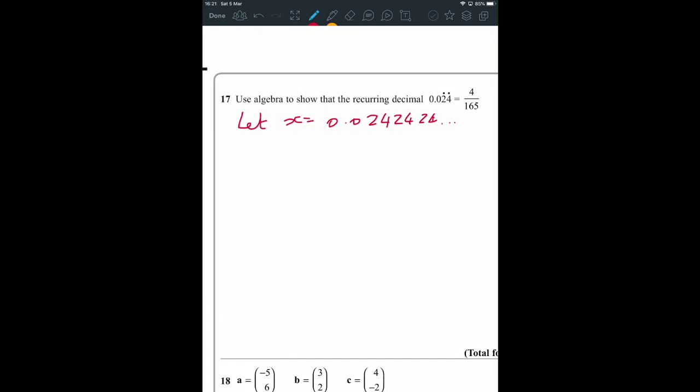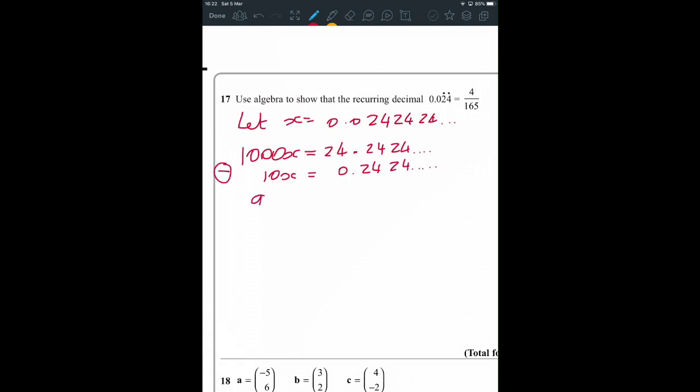Our aim is to get that repeating part firstly in front of the decimal place. To do that, we need to move the decimal place 3 spots. So it'll be 24.2424 with 1000x. We need to find a multiple of x where the decimal places match up, and that will be timesing by 10. Then all our decimal places line up.